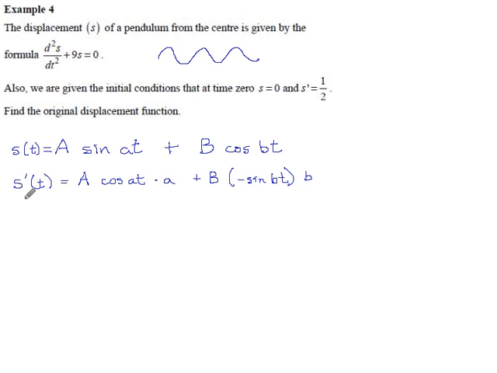So if we clean that up, we get s prime of t is big A little a cosine at plus, sorry, minus big B little b sine little bt. Not gorgeous, but that's all right. We can work with it.